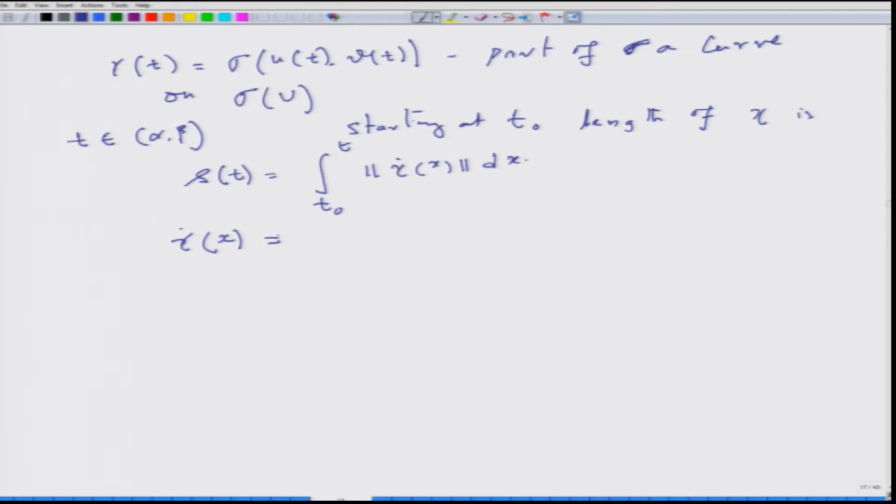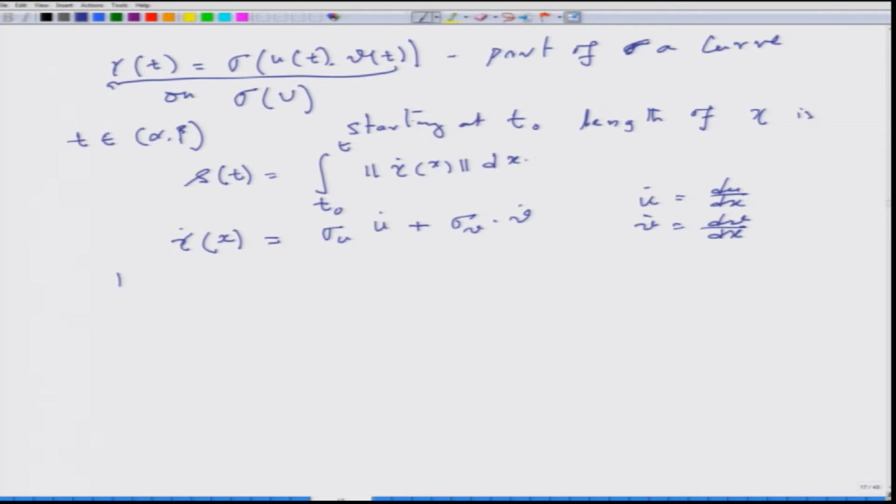This is gamma t, this fellow. So, this will be sigma u u dot plus sigma v v dot, where u dot denotes du dx, and v dot similarly. I am applying the chain rule here.